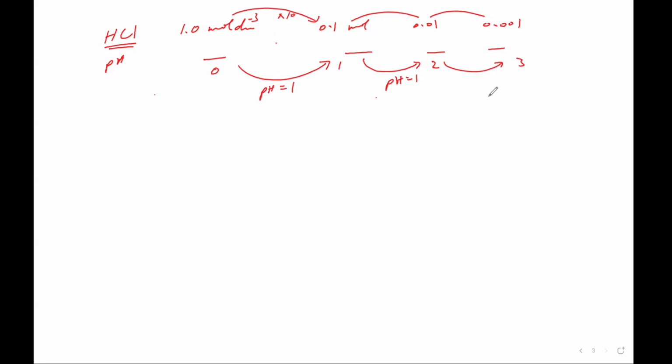But of course, it will reach a certain value where, if the concentration of the HCl is equal to 10 to the power minus 8 mole per decimeter cube, then do not say that the pH is 8, because it is an acid. It is a strong acid. How can the pH be 8?